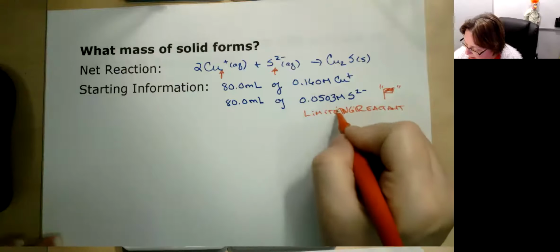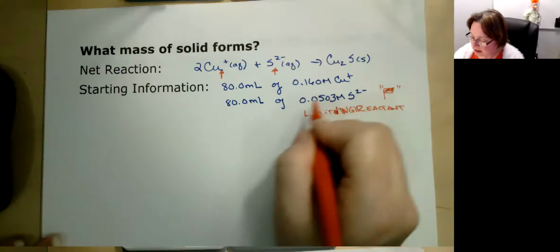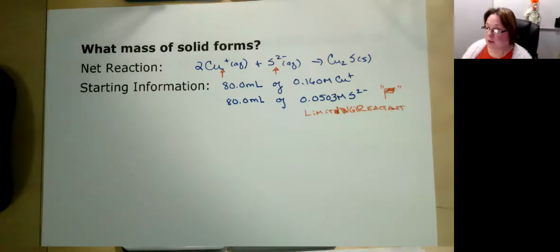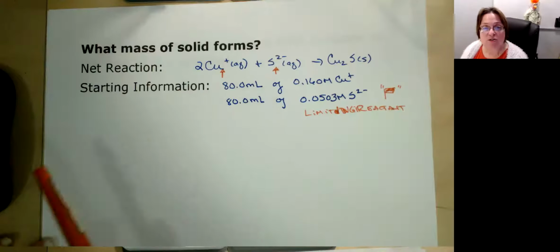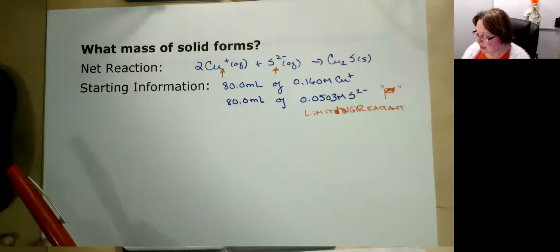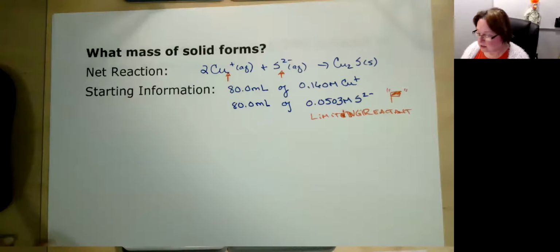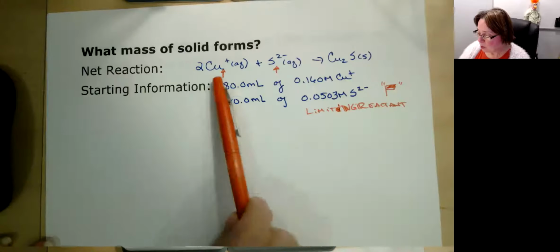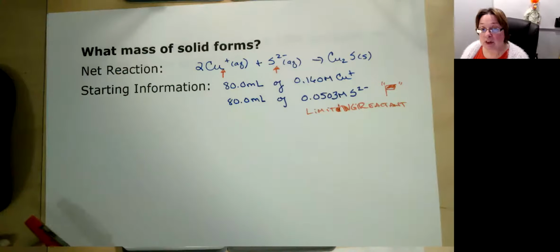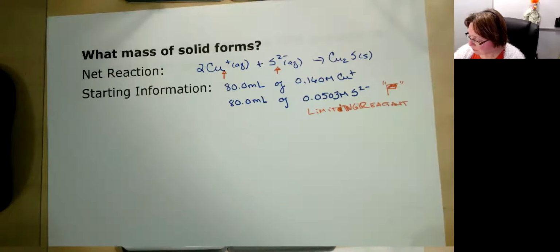Whenever you see starting information about both of your reactants, you're going to have to solve a limiting reactant problem. And again, for us, we can just go ahead and use the net reaction, since all of our questions were referring to the ions individually and not the compounds that they came from. We can work with the net reaction here and see how that works out for us.